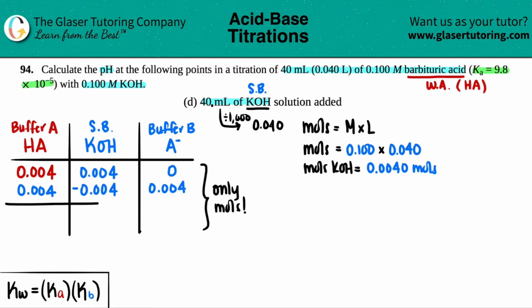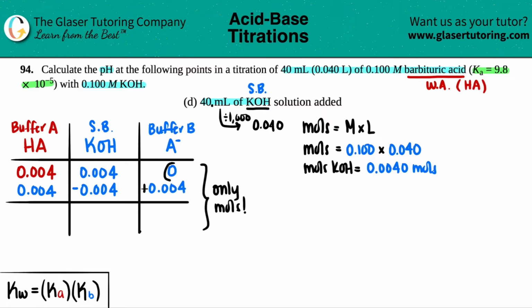Now, we just have to figure out what's going on between these numbers. Am I going to add them or am I going to subtract them? The same thing for this. But if you don't start with any buffer of the base, it's blue, and you're adding more base, I literally just gave you the answer. It's kind of hard to explain without giving you keywords. But this would be additive.